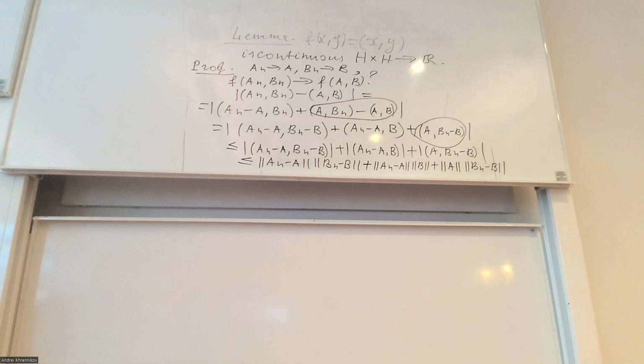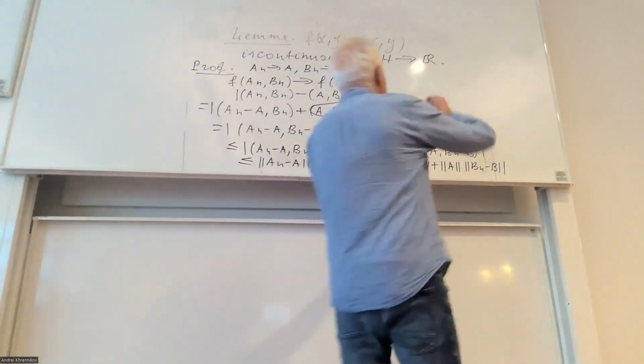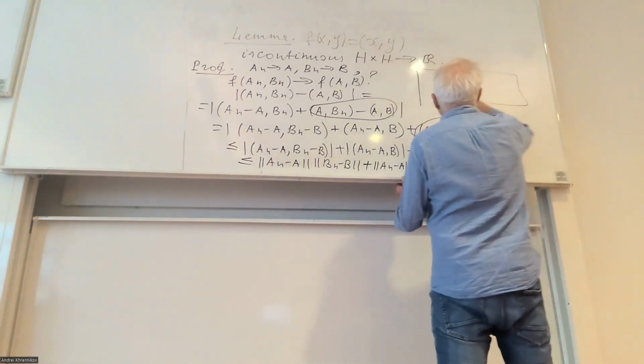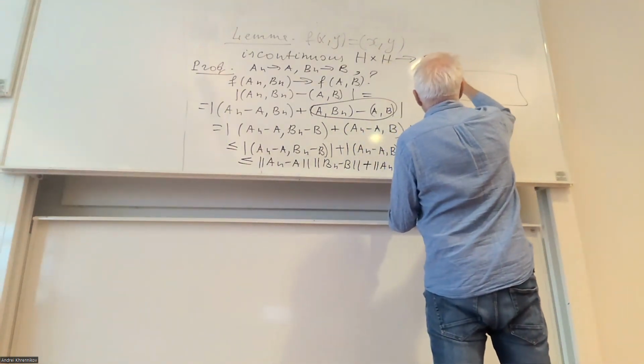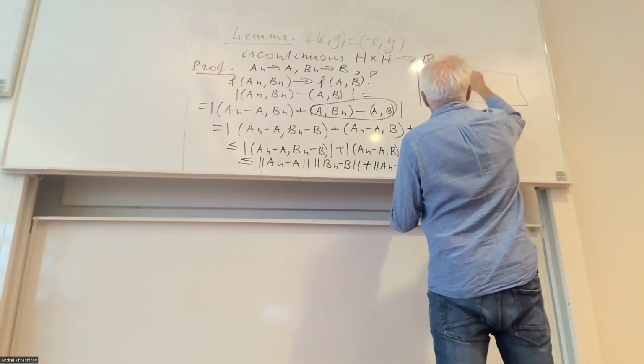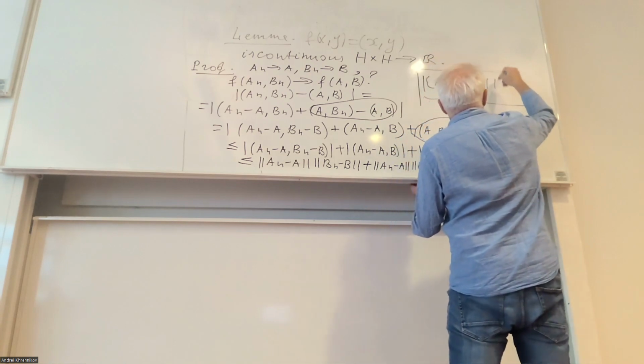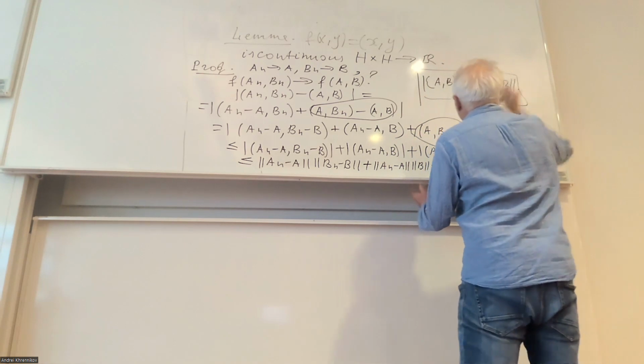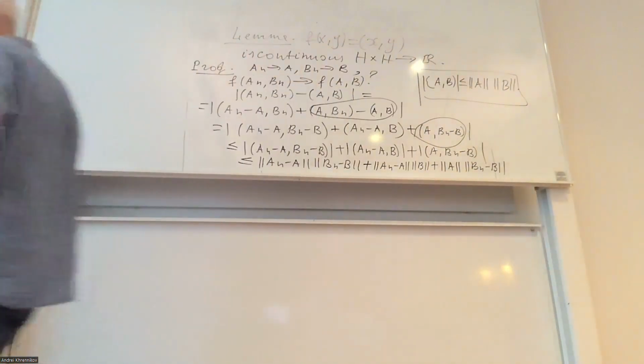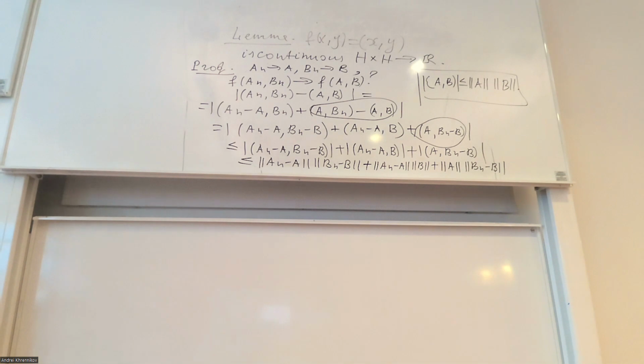So the scalar product is really continuous, and the only thing that we used was the Cauchy-Bunyakovsky-Schwarz inequality. This was the key point of this proof.